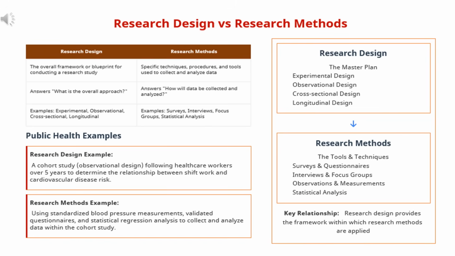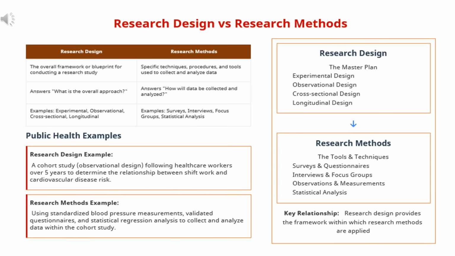Okay, so let's consider some of these public health examples as shown on the slide. For instance, if your research design is a cohort study where you follow health care workers over 5 years to understand the link between shift work and cardiovascular disease risks, your research methods will involve the precise ways you collect data.